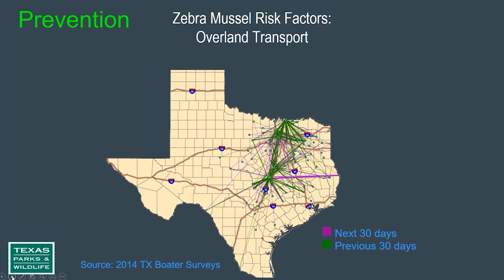And they were also defining those reservoirs where they had been before. So it was a way to actually quantify risk for certain reservoirs, which could be used in the future for planning on how you might address this issue and make sure that people are aware of the problems they may cause if they bring zebra mussels.